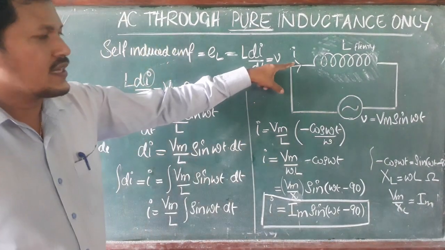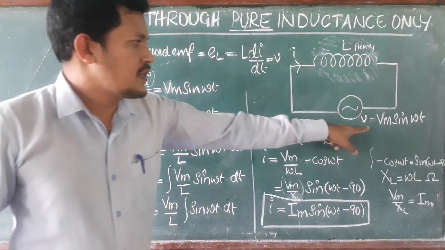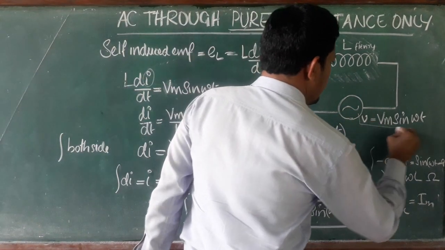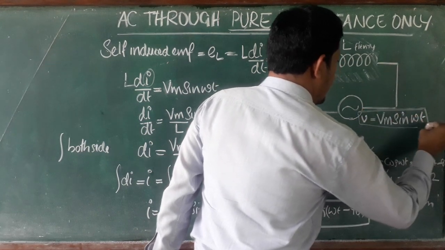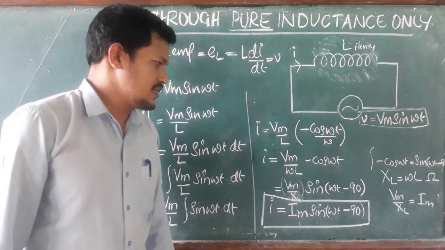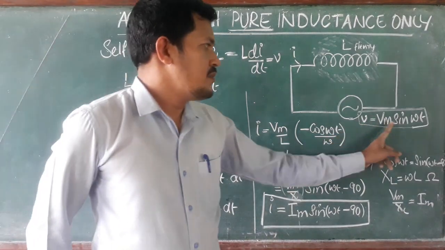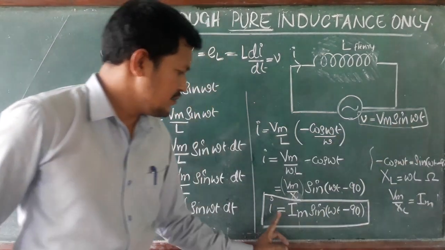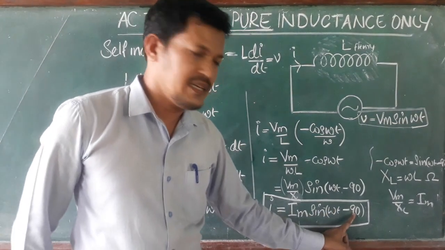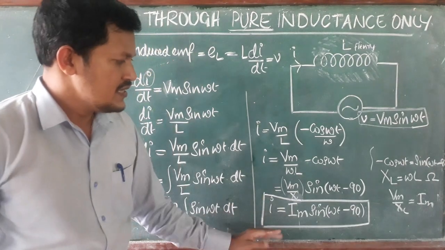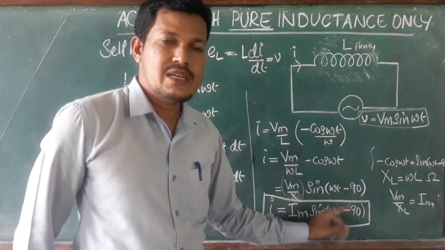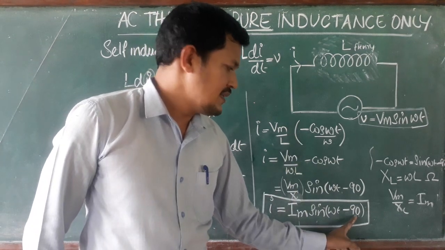Now we got the current expression with respect to our voltage expression, V equals Vm sin omega t. Now we can compare the two expressions. V equals Vm sin omega t, and current becomes I equals Im sin omega t minus 90. This we also discussed: the angle with a minus sign means lagging by that angle.